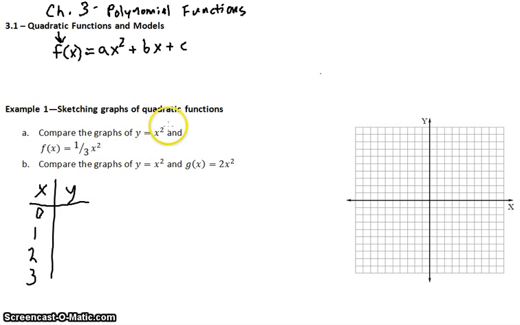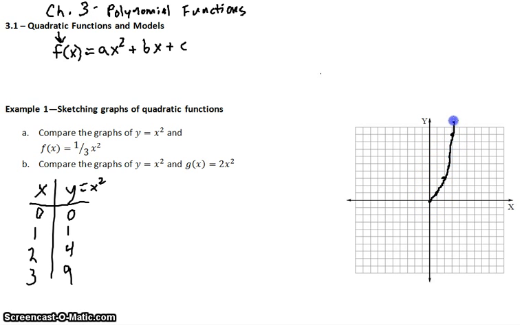quadratic model. If you square something, you get 0 when it's 0, 1 when it's 1, 4 when it's 2, and 9 when x is 3. So here are my points. Here's the first part of this graph.